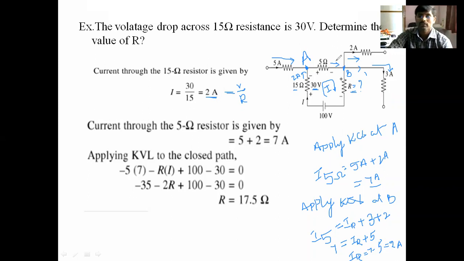and current flowing through 5 is equal to 7 amps. Now you apply KVL to this loop.